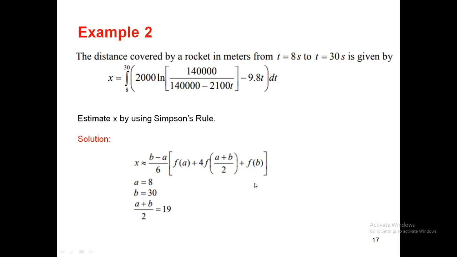You are to determine the distance covered by a rocket in meters starting from 8 seconds to 30 seconds. Your a plus b divided by 2 is 19. And in here, your number of divisions is just 2 because you could see that you have 6 here.